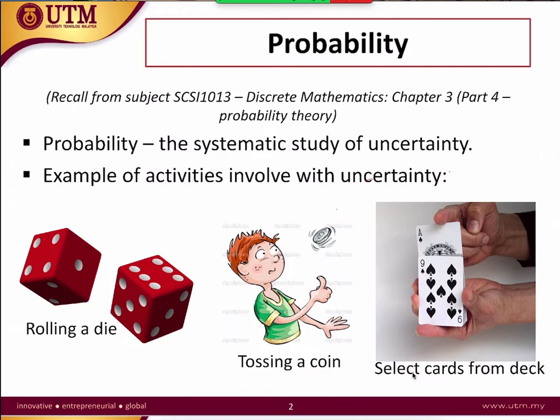Examples of activities we can have here are rolling a dice. When playing a game, what is the probability for us to get 6 on each of our dice? When you toss 2 coins, what's the probability that both coins show head?